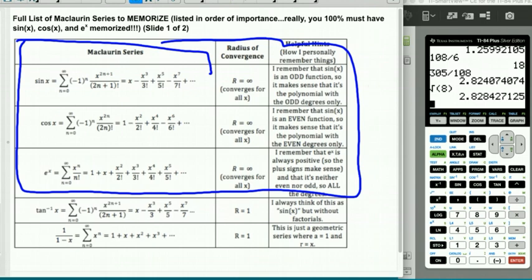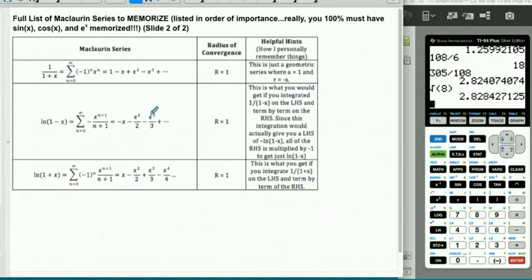There are a couple others on this next page. This one is the same idea as the 1 over 1 minus x, except this is a geometric series where r is a negative x, so you'll see the sign alternates. Instead of 1 plus x plus x squared, it's 1 minus x plus x squared minus x cubed, etc. If you wanted the natural log of 1 minus x, this is actually what happens if you integrate the 1 over 1 minus x, and we'll learn how to do that in a later video.